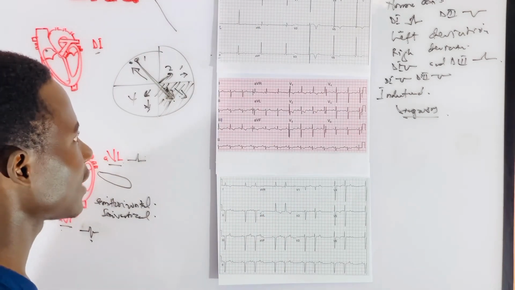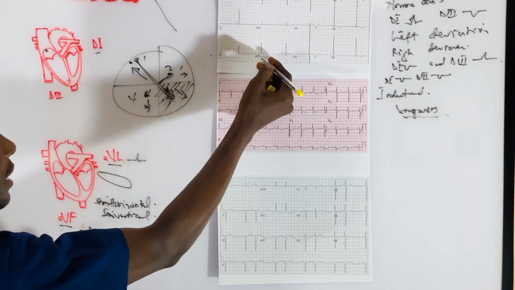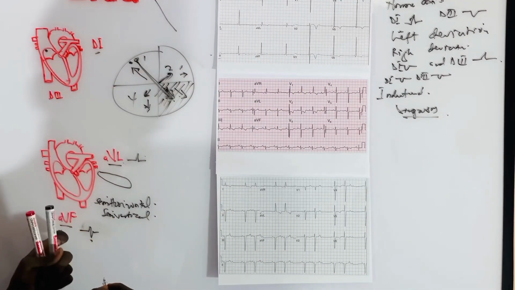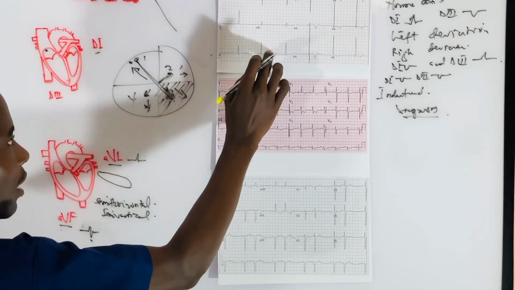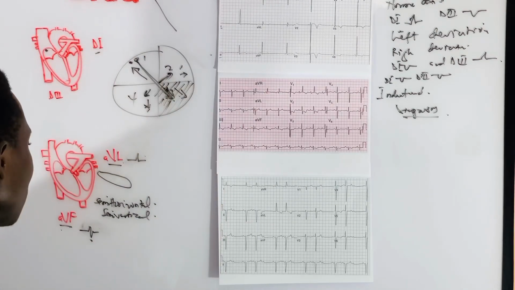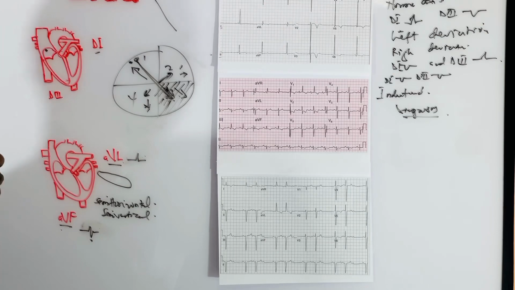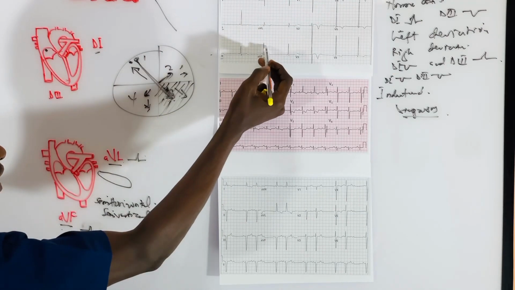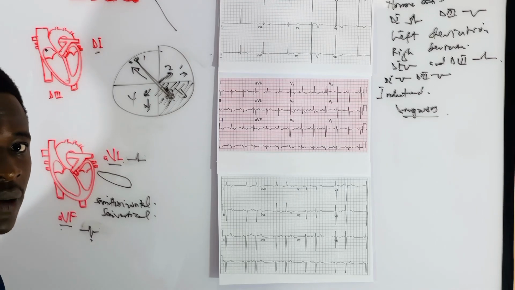So we can say it is at the inferior part, which is the vertical. They are both positive, so we can say it is intermediate. So this one is positive and this one is also positive. We can say it's intermediate. Are you clear with it?